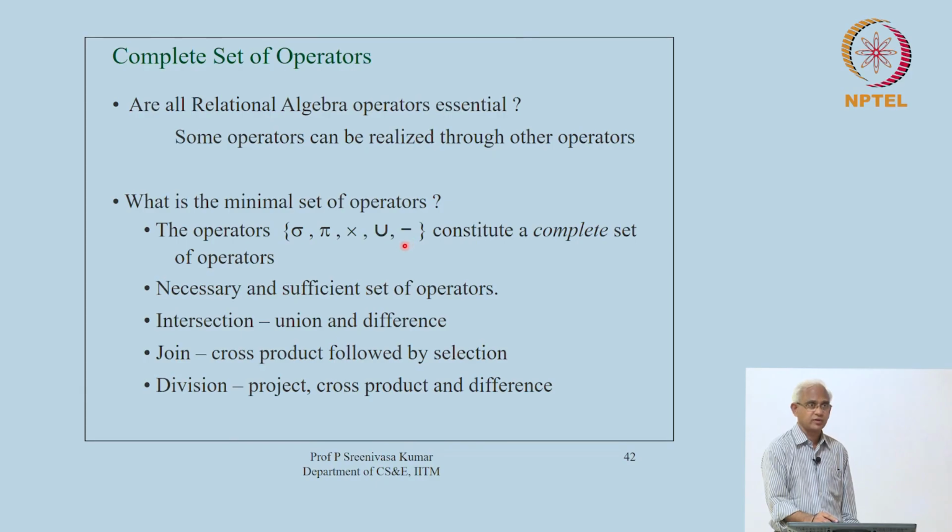Well, that is a different question. Cross product is not the recommended operation to be used in practice, because it generates lots of things. Instead, the appropriate joins will be implemented. Cross product is almost never implemented. So, sigma, pi, join, union, difference, you can take as a practical set of operators.